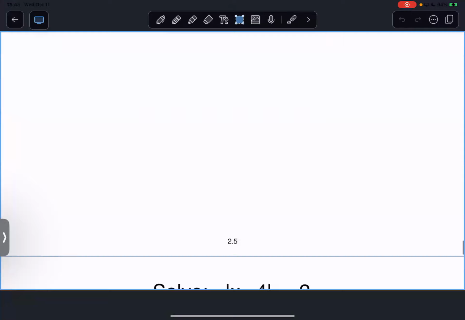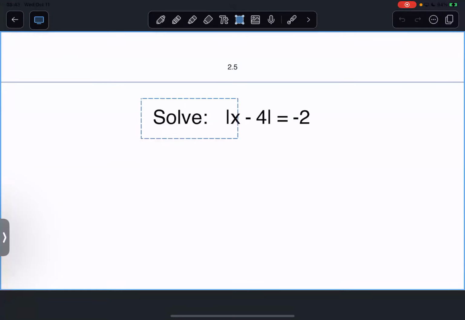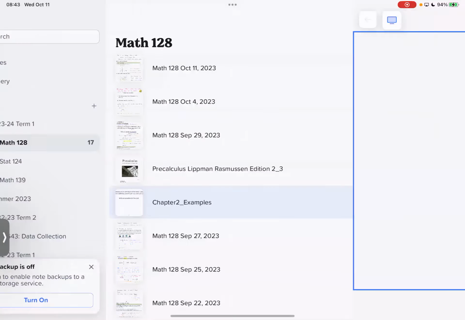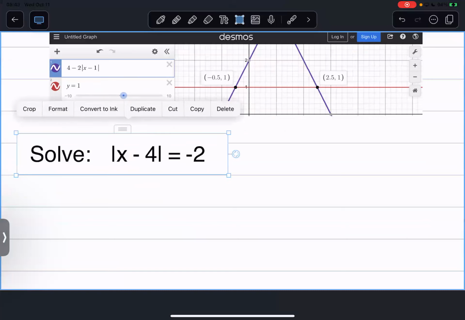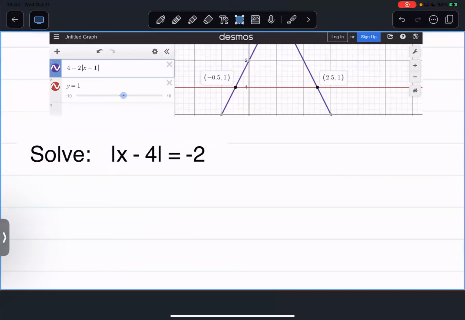How about this one? At first glance, it doesn't look too bad until you take a step back and you realize that, hey, the absolute value of something can't return a negative.